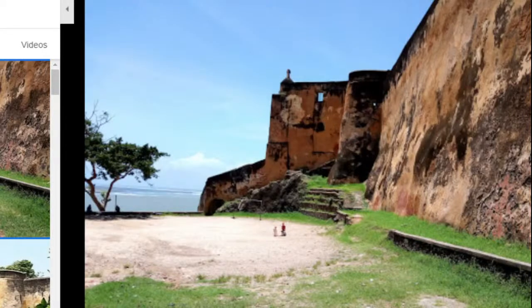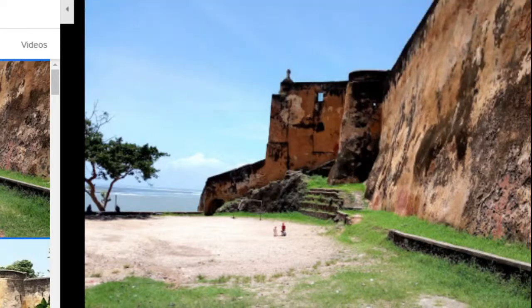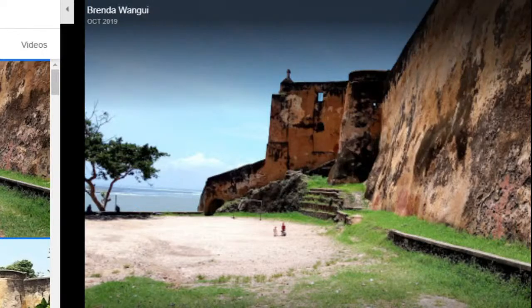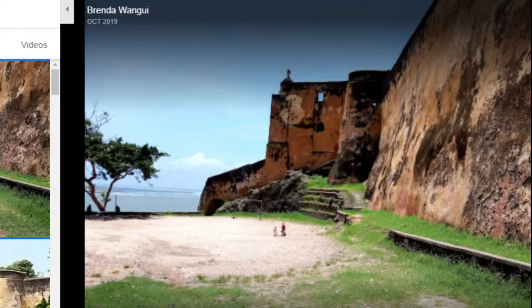So you can see Fort Jesus, that structure behind, but you can see a steep rock on the sides. That is the vertical slope that we're talking about that shows the cliff. The materials at the bottom of the cliff are the ones that form what we are calling the wave cut platform.